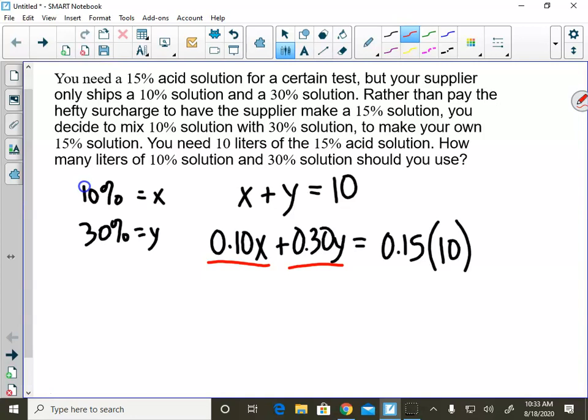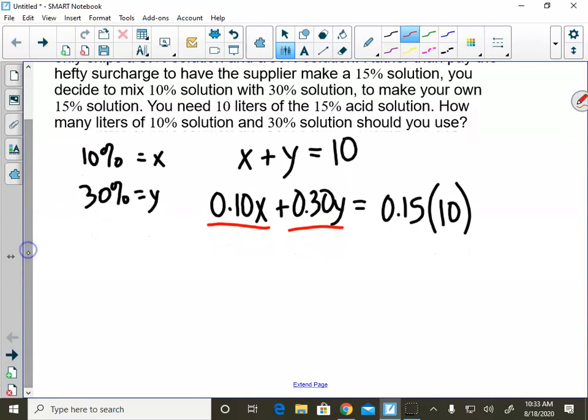So let's continue on. Now we have our system. Let's just simplify this second equation just a little bit. So we could say that that's going to be this. I'm sure you would all agree with that. And the next thing, again, those of you who have had me in the past, we always like to work with simple problems. So I'm just going to clear the decimals out here.